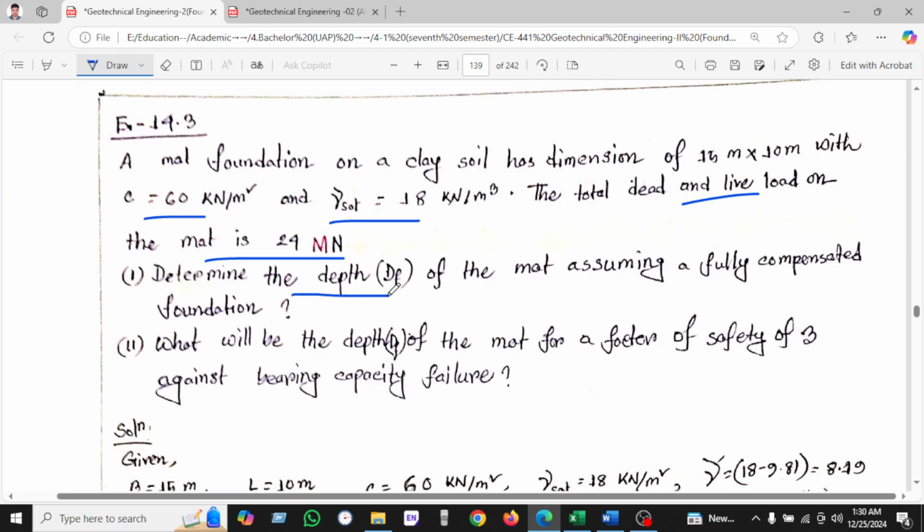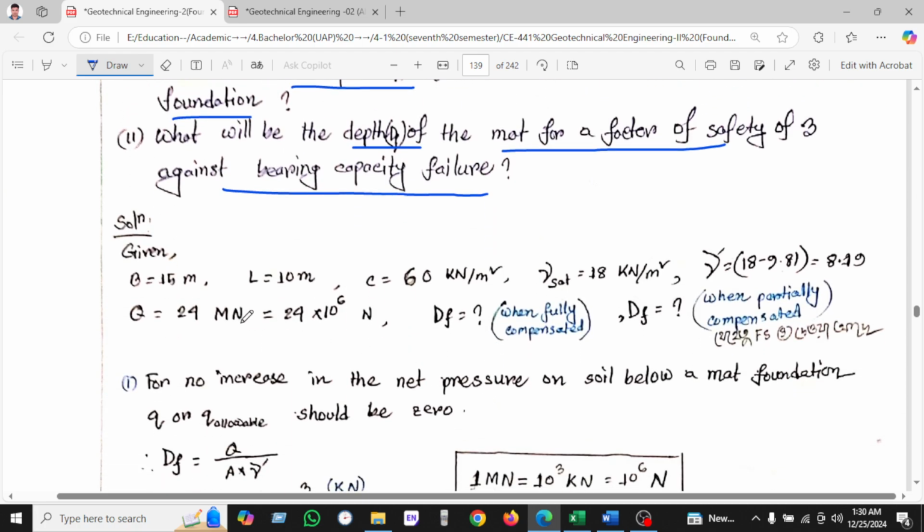Determine the depth of the mat. Assume a fully compensated foundation, and what will be the depth of the mat if the factor of safety is 3 against bearing capacity failure. So first of all, the given data are B, L, gamma, gamma saturated and gamma prime, and Q equal to 20 meganewton, and we have to find the depth of footing for the fully compensated and the partially compensated cases.